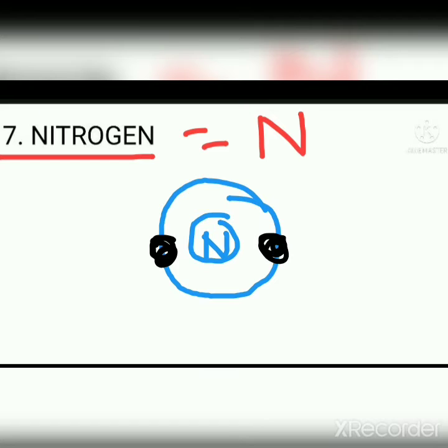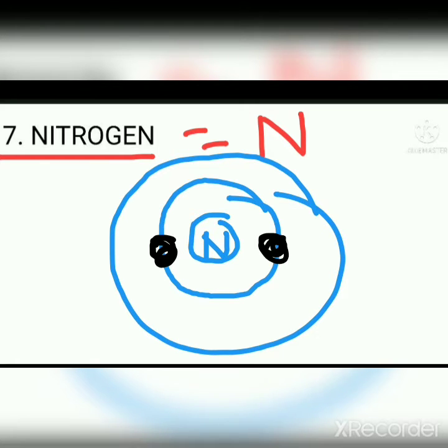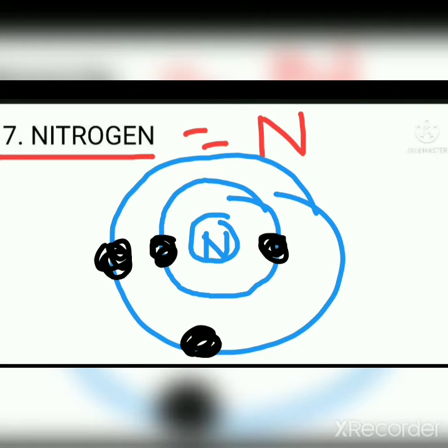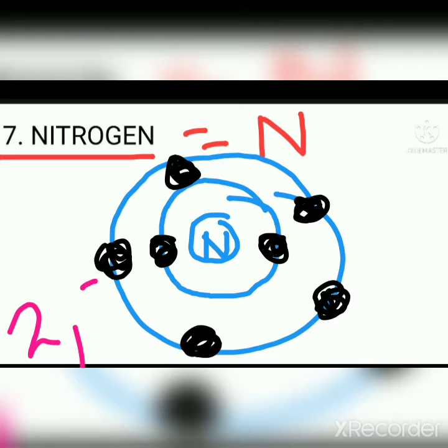Then 5 are left, 7 minus 2 is 5, so we have to make 5 more in the second shell, like this. So the electronic configuration of nitrogen is 2 and 5.